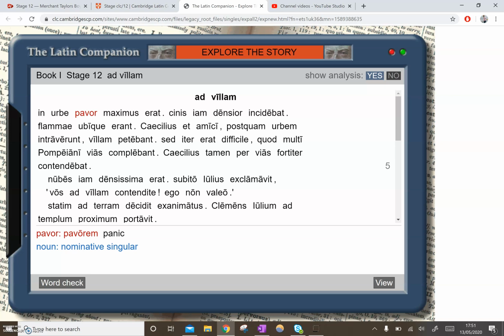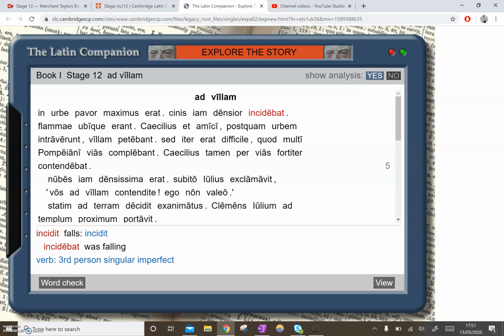Okay, so you can literally click on any word and it will tell you what it means, if it's singular or plural, and what case it is, all that kind of thing. So it can make it very easy. I'm going to whiz through a little bit first that you don't need to write down, and then you're going to finish the story off using this tool.